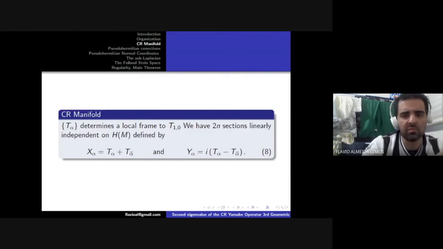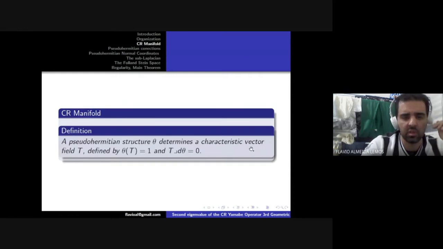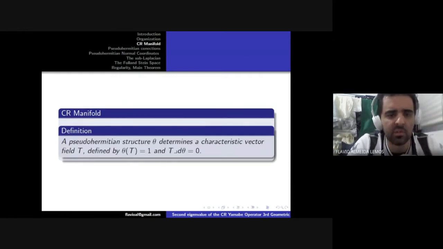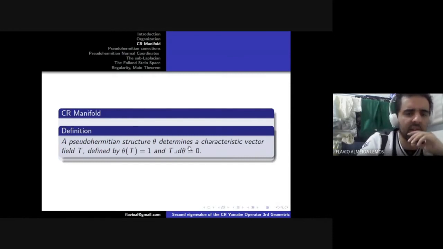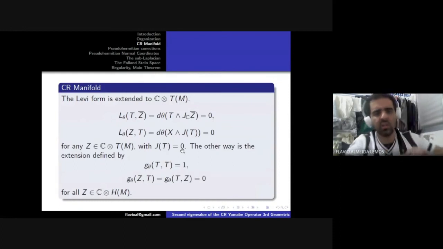We have a frame of sections defined this way, linearly independent sections on HM. Our pseudo-Hermitian structure determines a characteristic vector field T, defined by being 1 here and 0 outside, that is the Reeb vector field of the form.